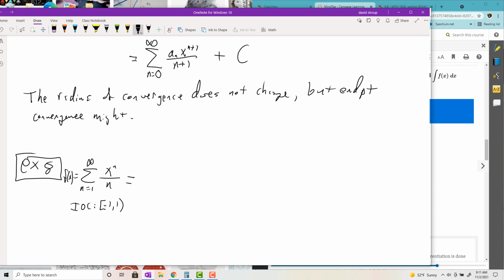Then I'm going to go ahead and expand it so I can start taking derivatives and integrals. Expanding it, I have x over 1 plus x squared over 2 plus x cubed over 3 plus x to the 4th over 4 plus dot dot dot.